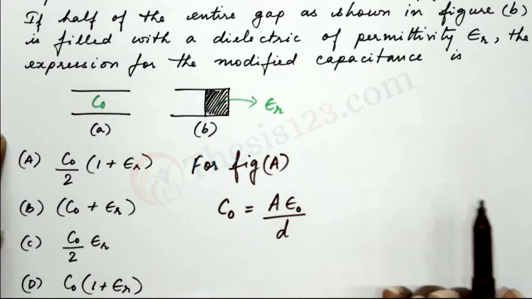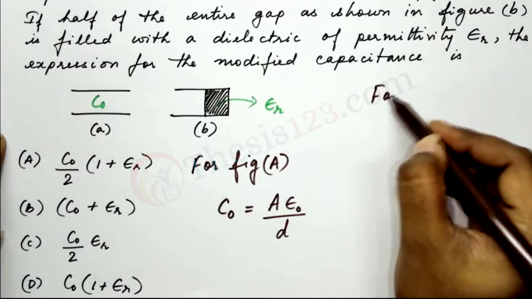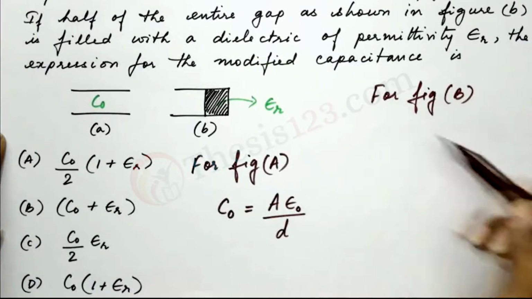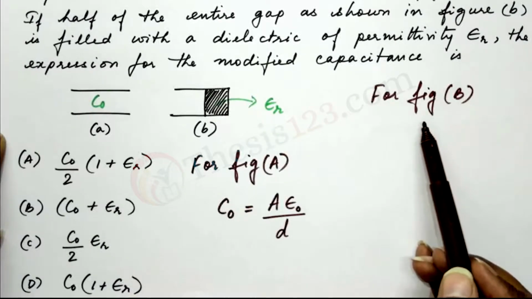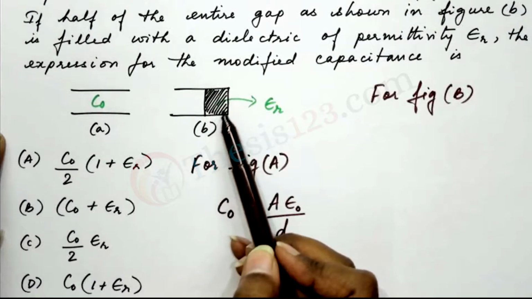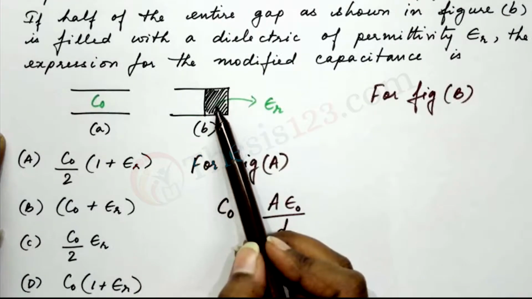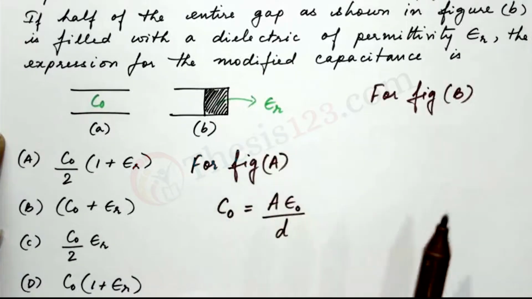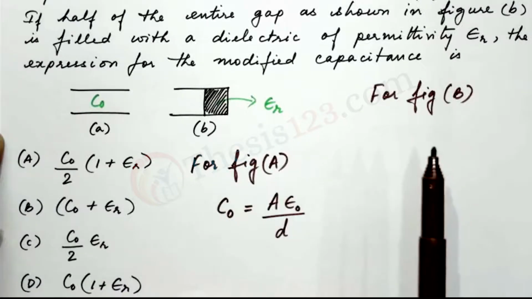Now let's consider the second figure, figure B. The question says that half of the gap is filled with a different dielectric, and the dielectric has the permittivity of epsilon r. What would be the equivalent capacitance?